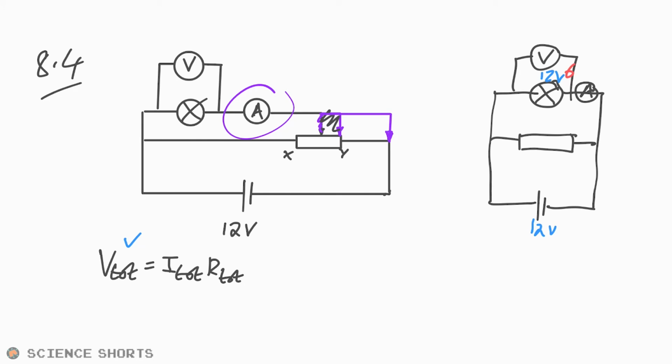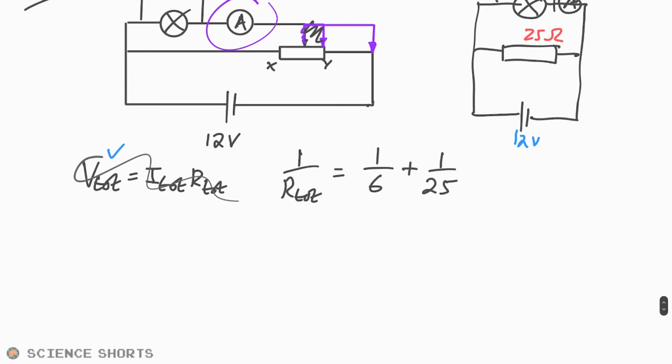And this is 25. Okay, fine. So 1 over R total is equal to 1 over 6 plus 1 over 25. And so doing the reciprocal at the end, I end up with R total is equal to 4.8 ohms.